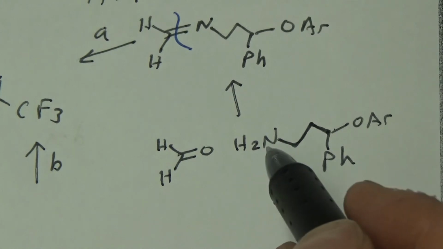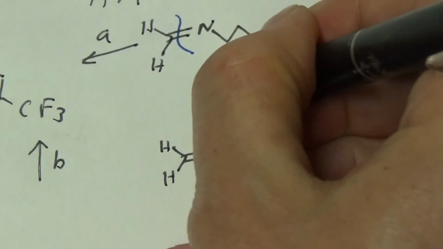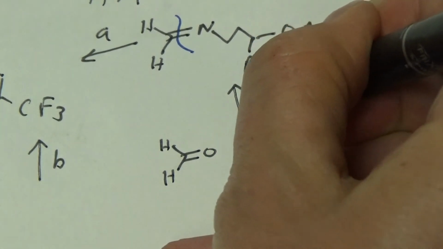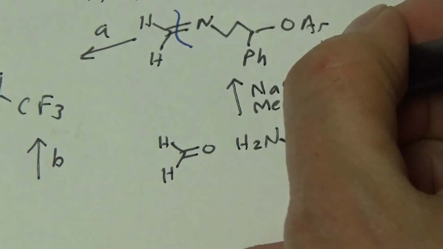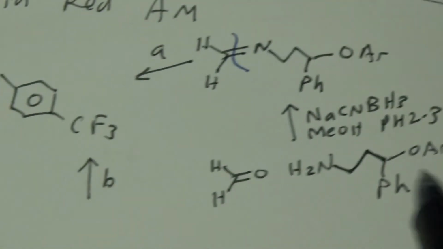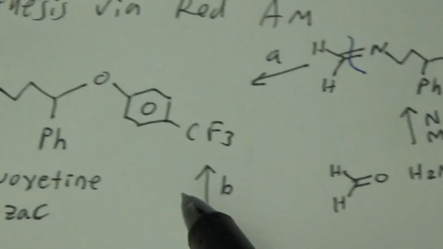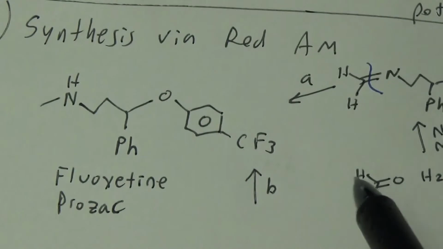But essentially if we took these two pieces and threw in NaCNBH3, methanol, and pH 2 to 3, out would come Prozac, right? Fluoxetine.